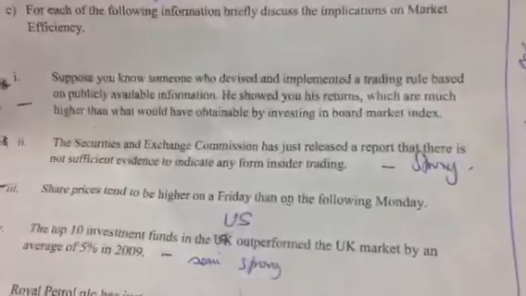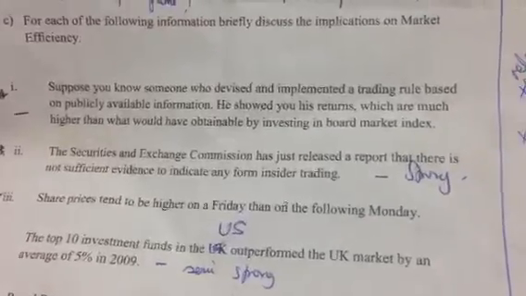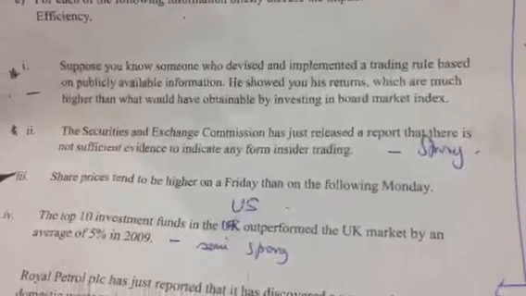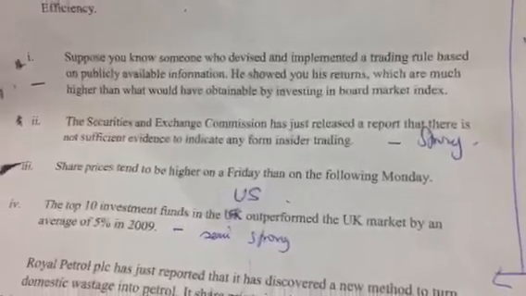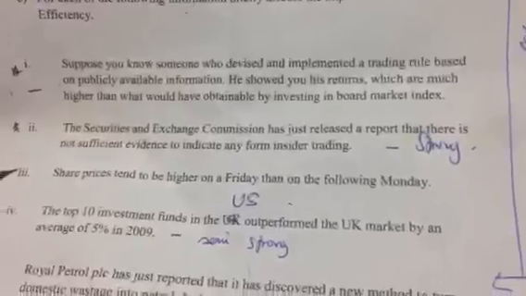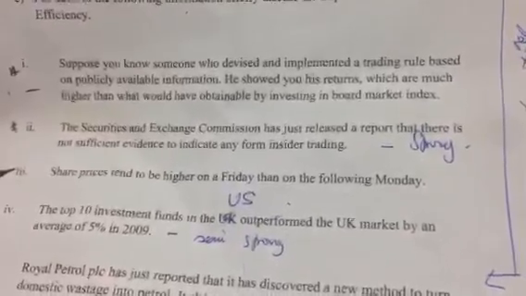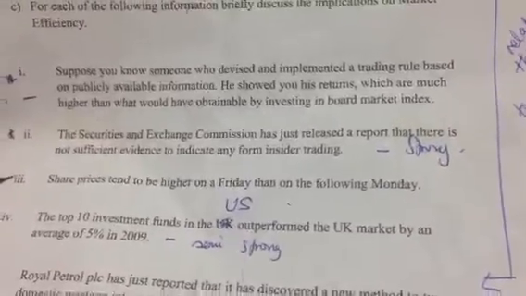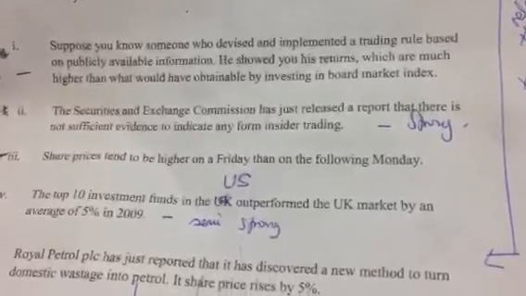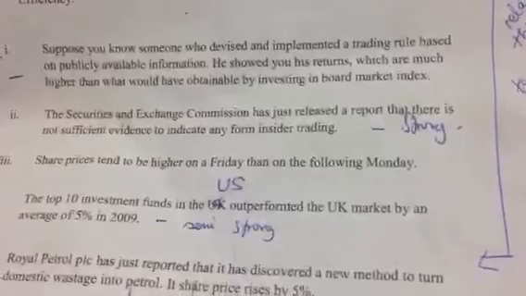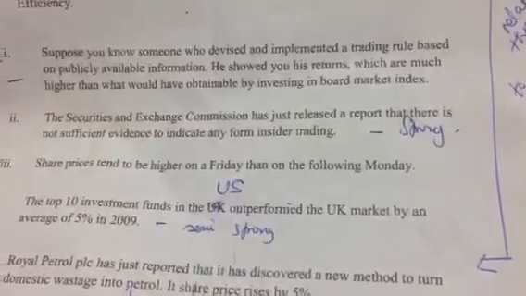What we have to do with these questions is to relate each scenario to the form of efficiency it relates to, and state whether it is consistent with or violates the theory.